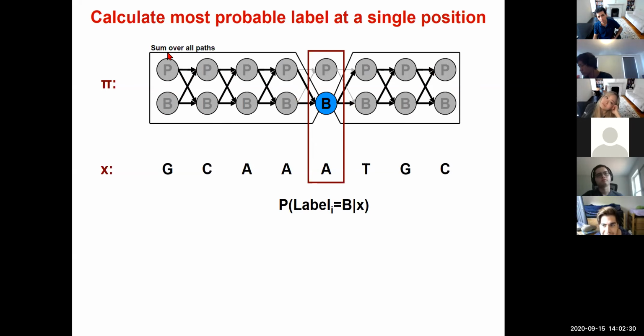So I can calculate the forward algorithm all the way to here and the backward algorithm all the way to here. And if I sum them up, that gives me the total probability of going through this particular state. So who's with me so far on understanding that to get that total probability, I already have the forward algorithm. All I need to do is compute the backward algorithm and have them meet in the middle. And that gives me the sum of all of the paths going into one state and the sum of all of the paths exiting that state that I calculate going backwards from the right to the left.